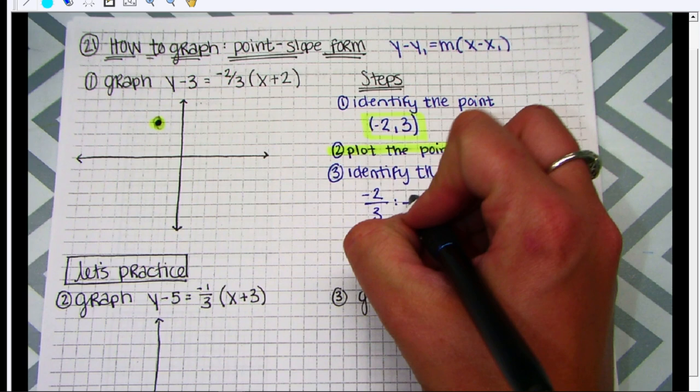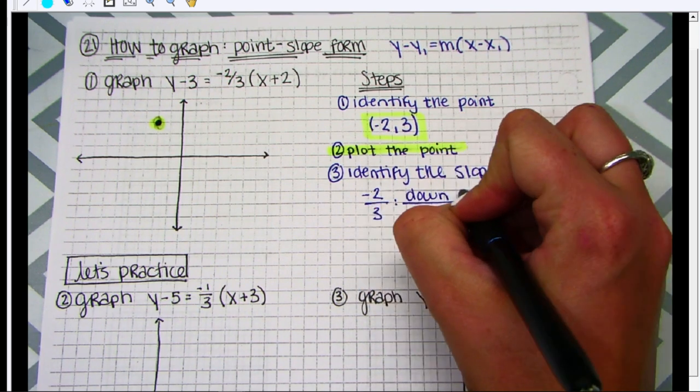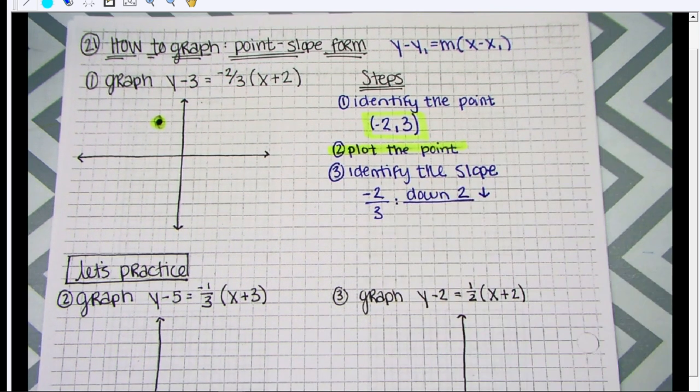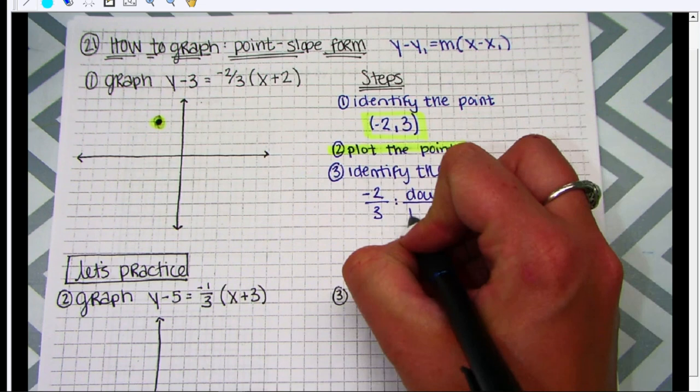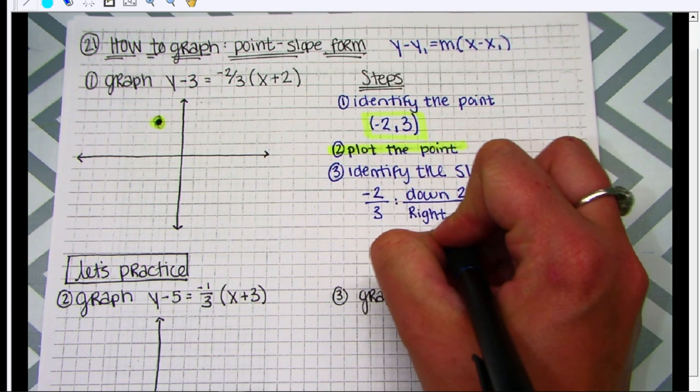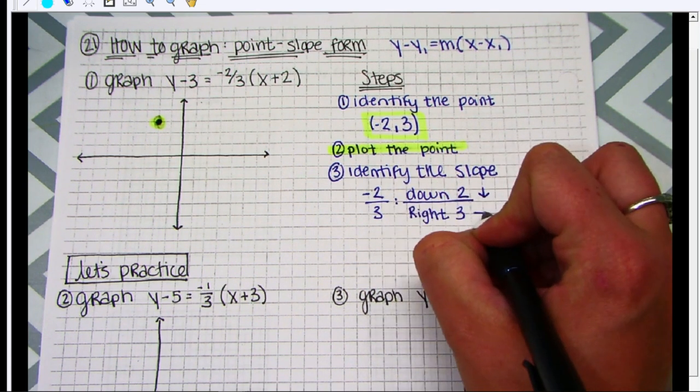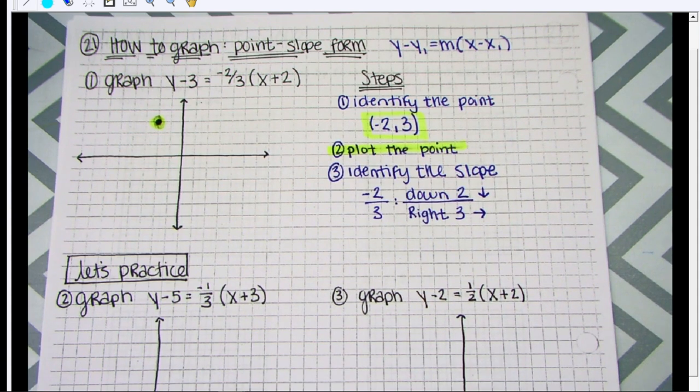Down 2. And if you don't want to write down, you can always just put an arrow down. That's fine too. So down 2, then what? Right 3. Good job. I'm glad that we didn't say over 3, because over could mean left or right. So you can write the word down or right, or use arrows to symbolize direction.